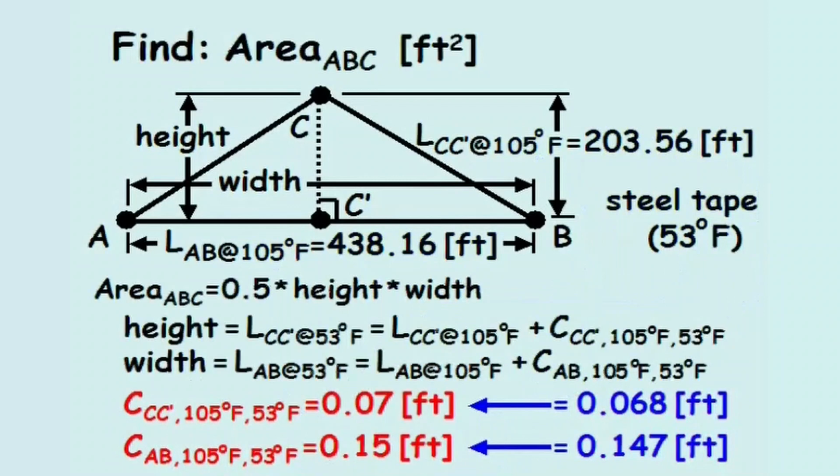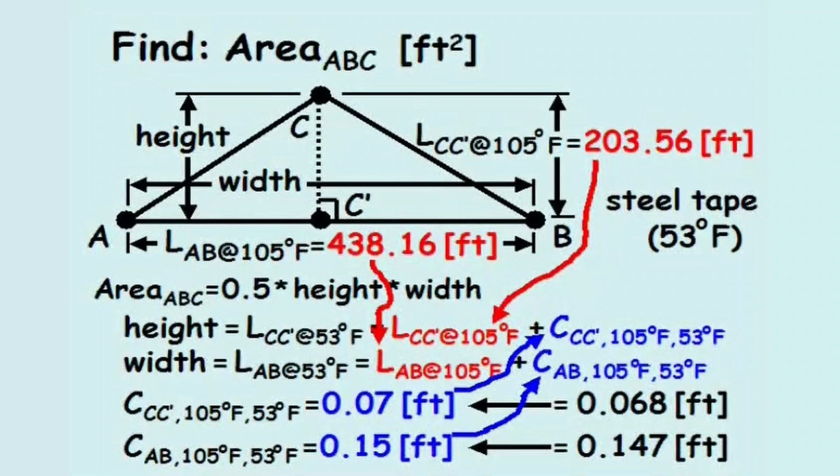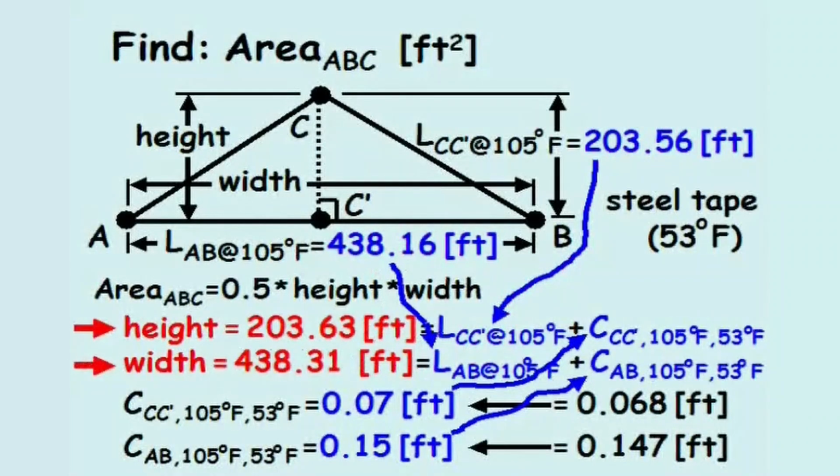We'll round these values to the nearest hundredth of a foot, and after plugging them in, as well as the measured lengths at 105 degrees Fahrenheit, the actual lengths for the height and width of triangle ABC equal 203.63 feet and 438.31 feet, respectively.